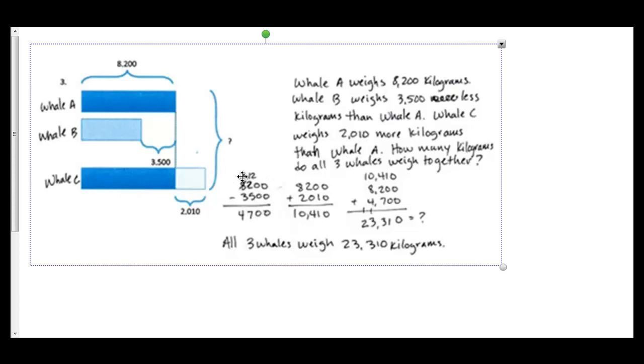So I subtracted 3,500 from 8,200 to see what whale B weighed, and it was 4,700. Then I added my 8,200 to 2,010 to get how much whale C weighed, and then I added them all together. So regardless of what your problem said, the total should have been 23,310 kilograms.